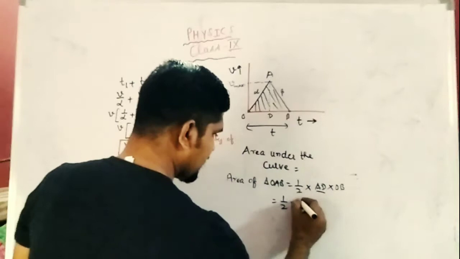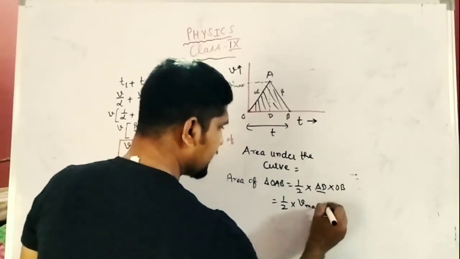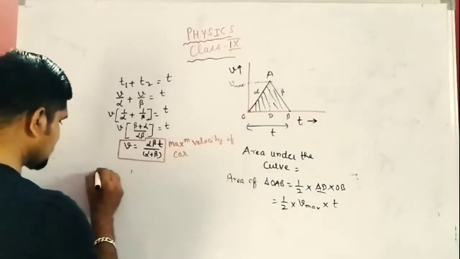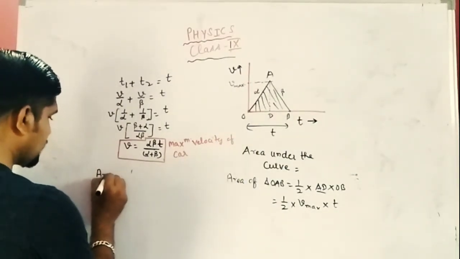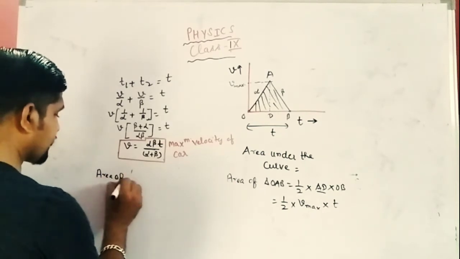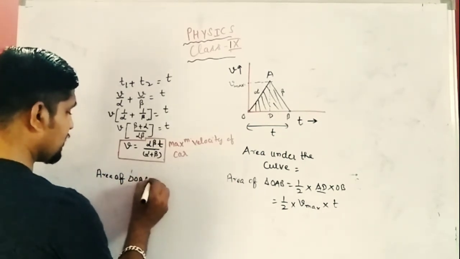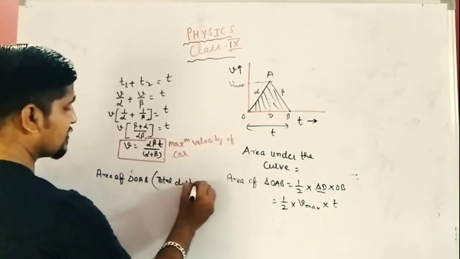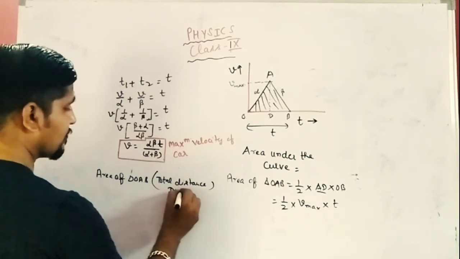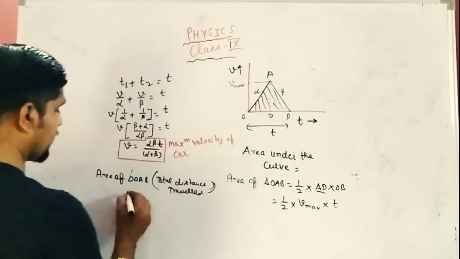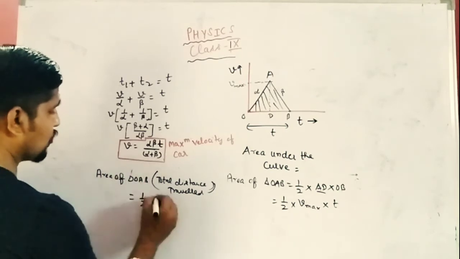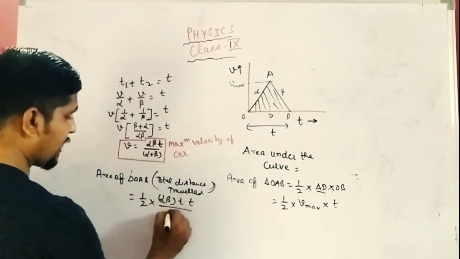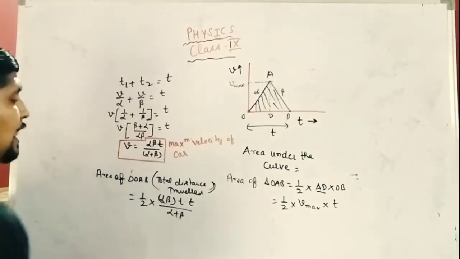So AD is Vmax, and OB is T, the total elapsed time T. It means area of triangle OAB, or you can say total distance traveled, will be equal to half into alpha beta into T divided by alpha plus beta.